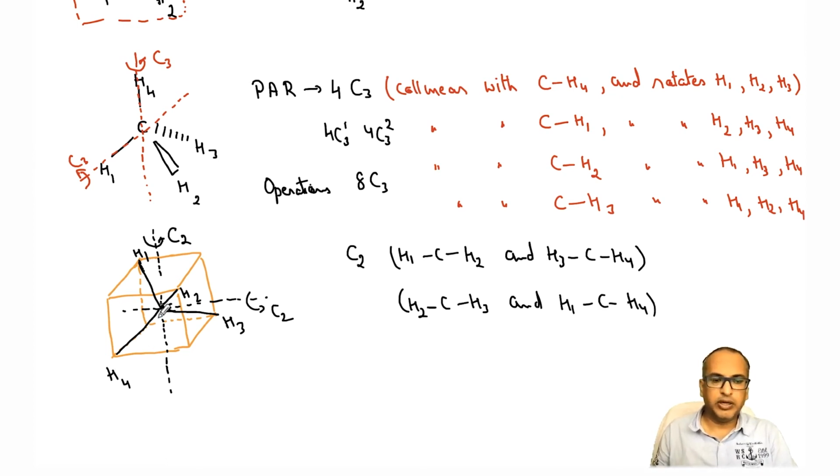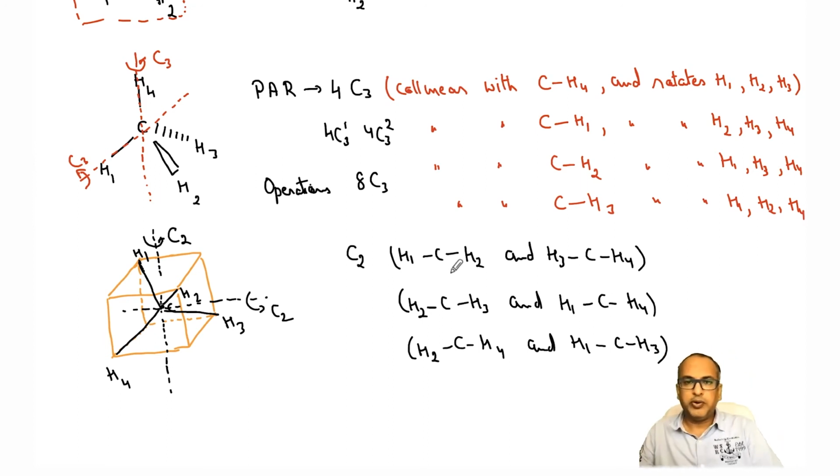Now there would be one C2 which is going from the center of the front plane to the center of the back plane, passing through the carbon atom. So that will be bisecting the H2 C H4 angle and the H1 C H3 angle.